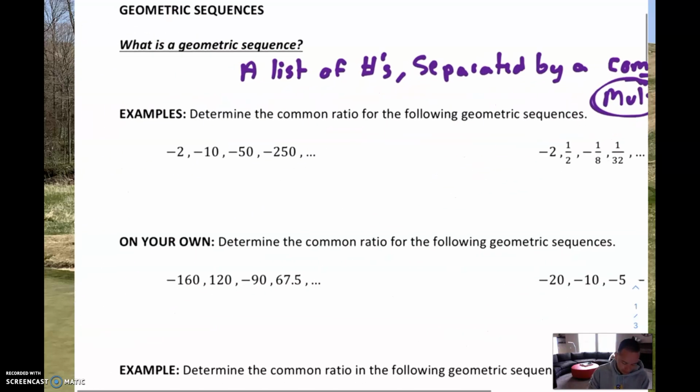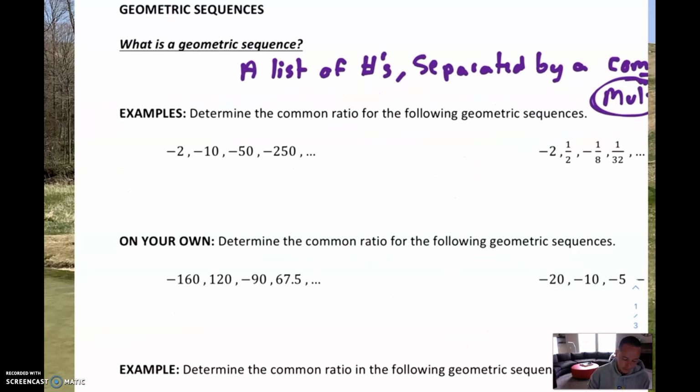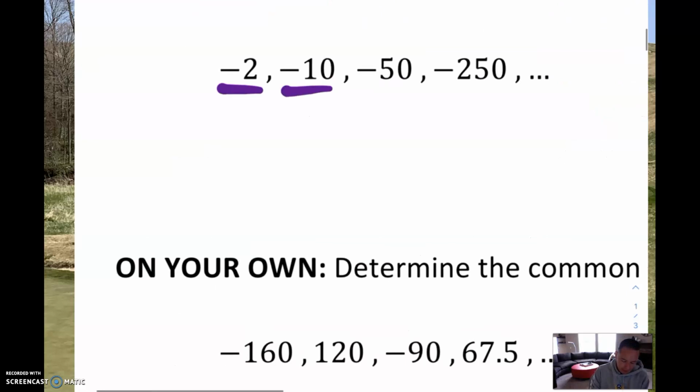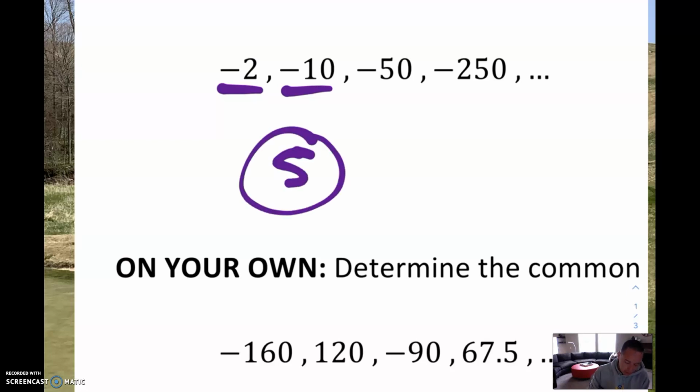So the first example says determine the common ratio for the following geometric sequences. To get from -2 to -10, what is it multiplying by? Well, that's right, 5. So there's your common ratio. That will be called R later on. The common ratio is 5. And you can double check that from -10 to -50.